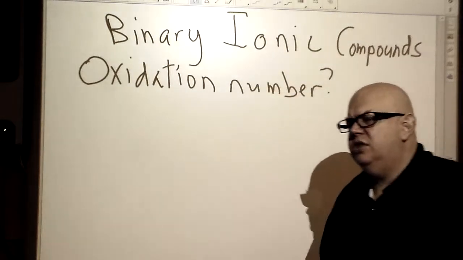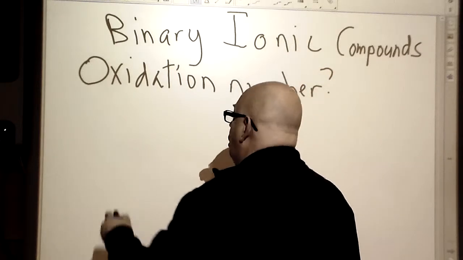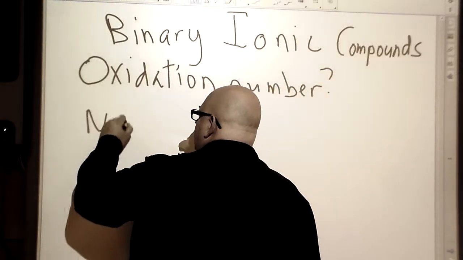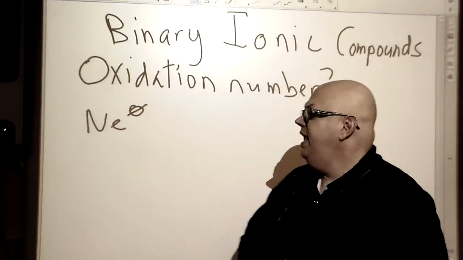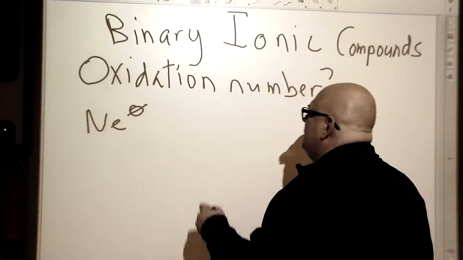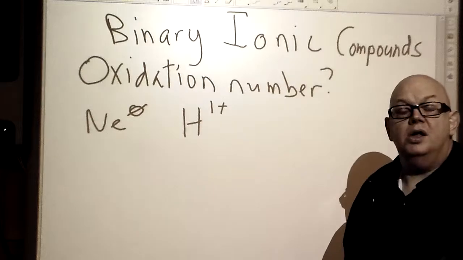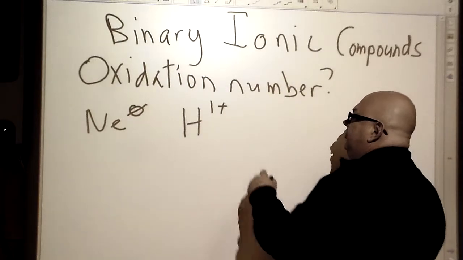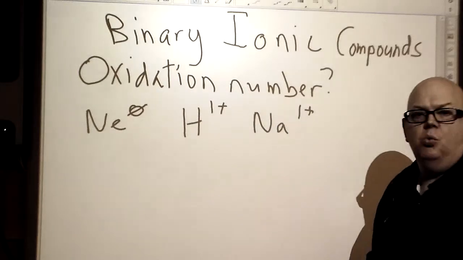Atoms are either going to have a zero charge, like for example neon, and the oxidation number is 0, but nobody really cares. On the other hand, hydrogen would have a +1. That's the oxidation number. Sodium also has a +1.